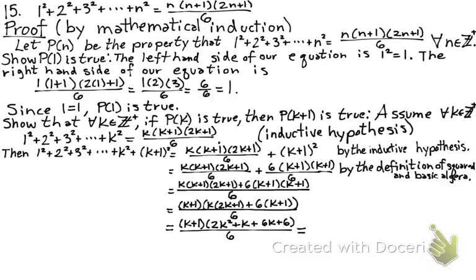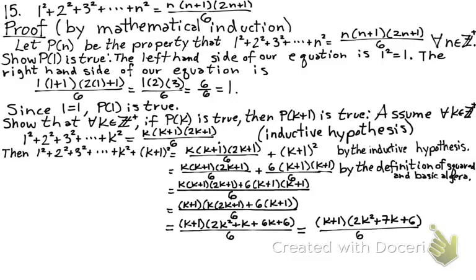So this equals k plus 1 times 2k squared plus 7k plus 6 over 6. Again, we're doing all of this by basic algebra.